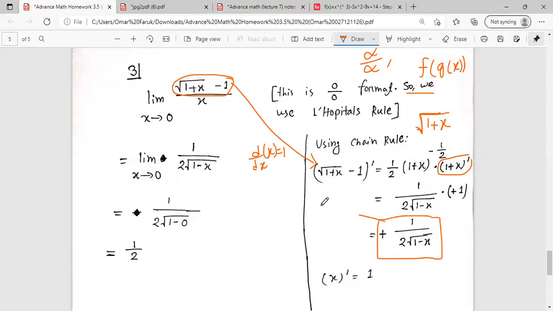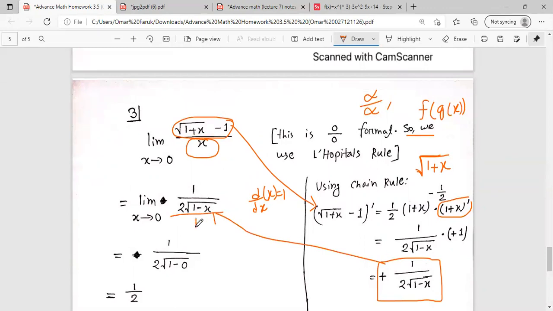So now we put this value here. For this part, the derivative of x is equal to 1, right? So we don't need to write the division, because something divided by 1 is something.